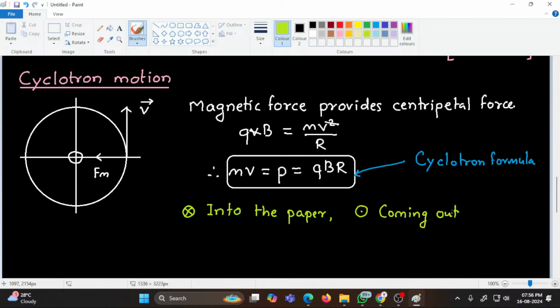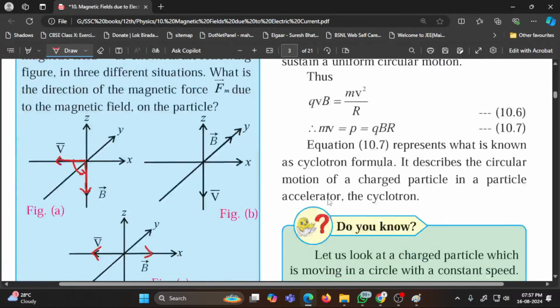Cyclotron accelerator. Particle accelerators have played a key role in providing high energy particle beams useful in studying particle-matter interactions, and some of these are also useful in medical treatment of certain tumors and diseases. So what we are going to see is a cyclotron particle accelerator.